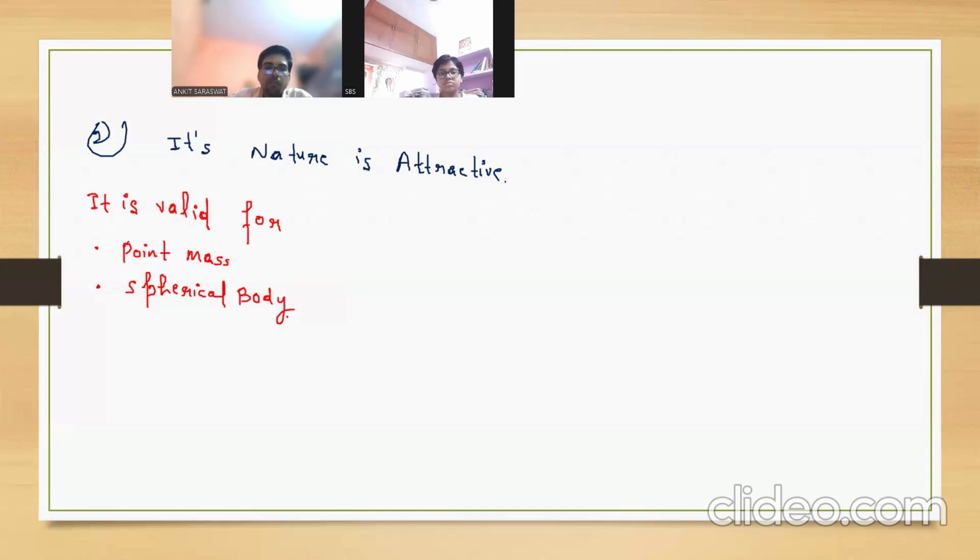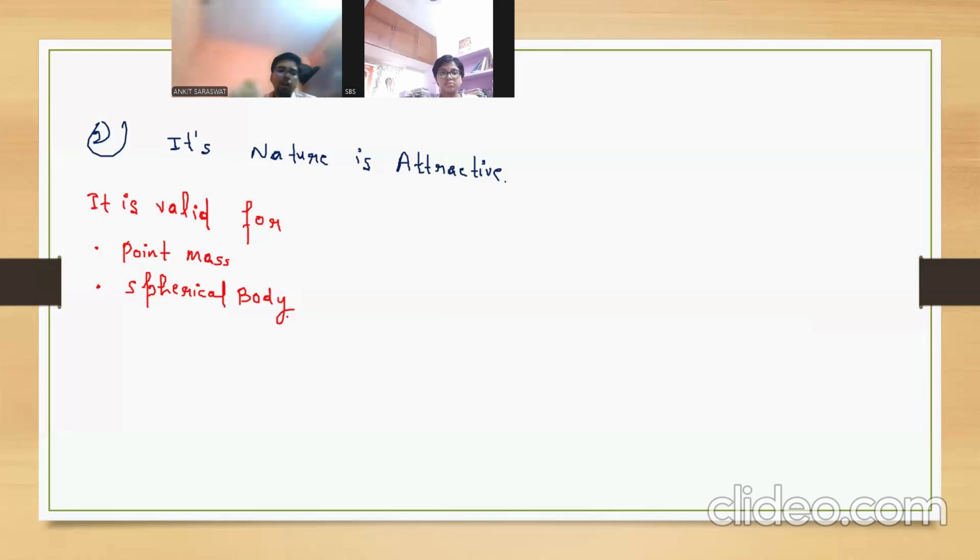Like an aeroplane flying in the sky is a point mass for us. So when the separation is very, very large, then we can consider a body to be a point mass, and the law is valid for that. And for a spherical body, it is easily applied, but remember one thing, it should be a point mass.